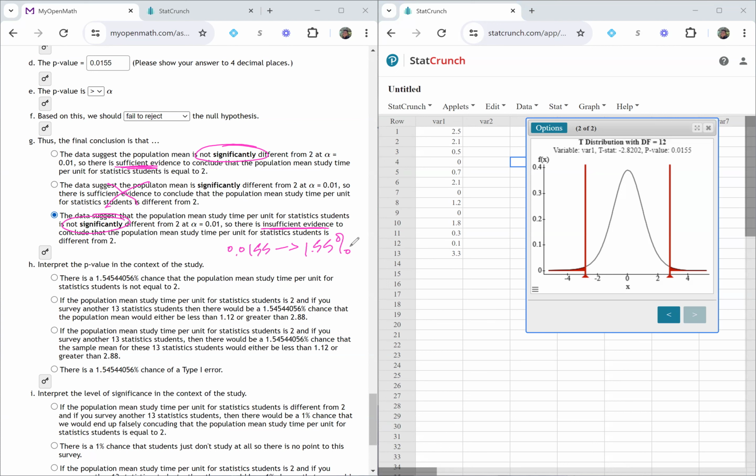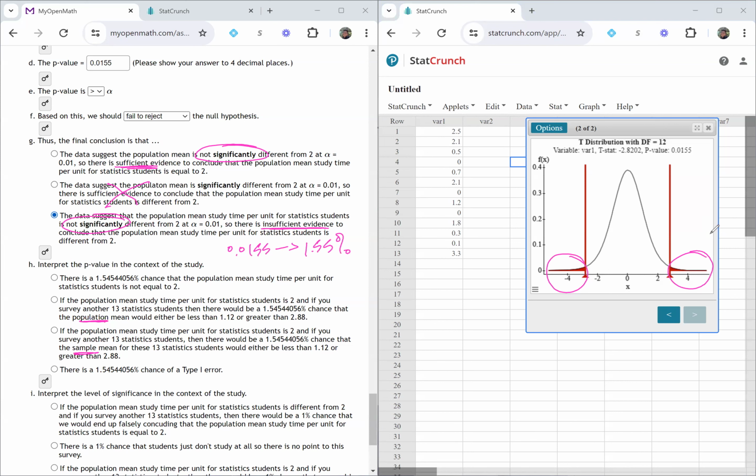But if we think about interpreting our p-value, if we were to survey another 13 students, getting another sample of 13 students, there's going to be a 1.55% chance that the sample mean, not the population mean, is going to be less than 1.12 or greater than 2.88.